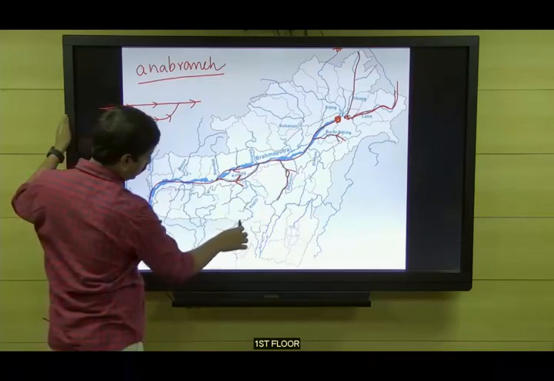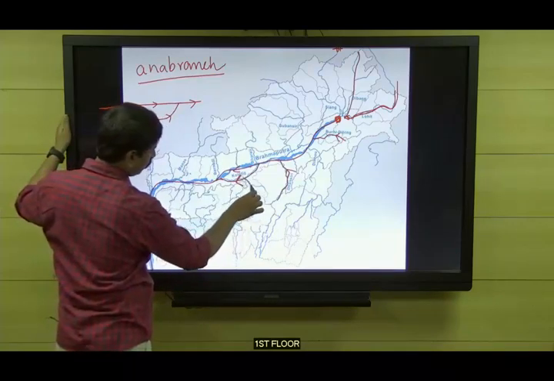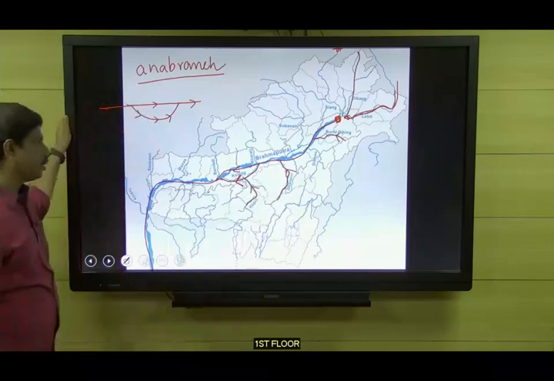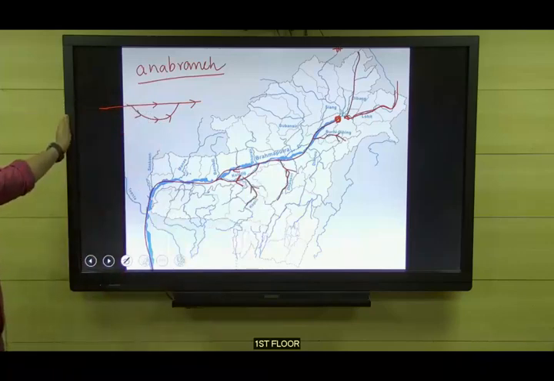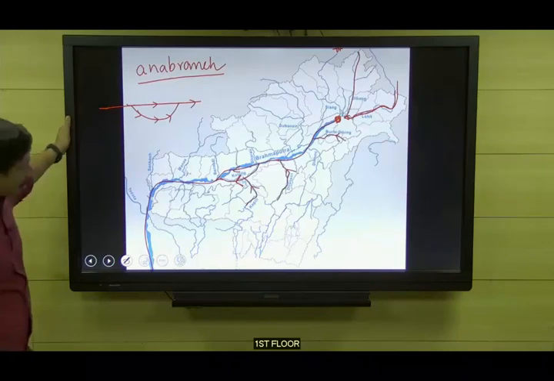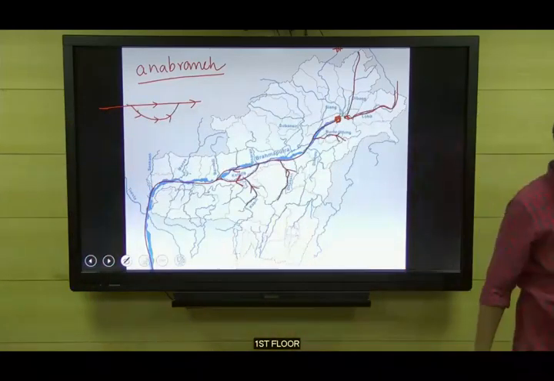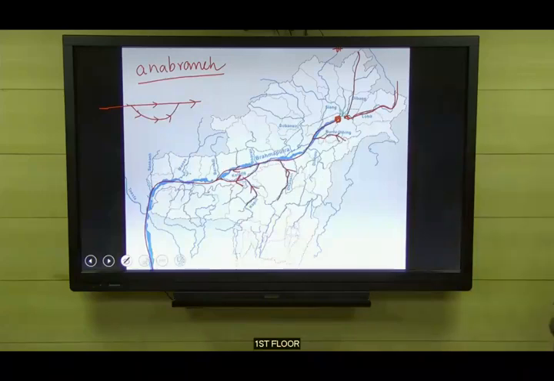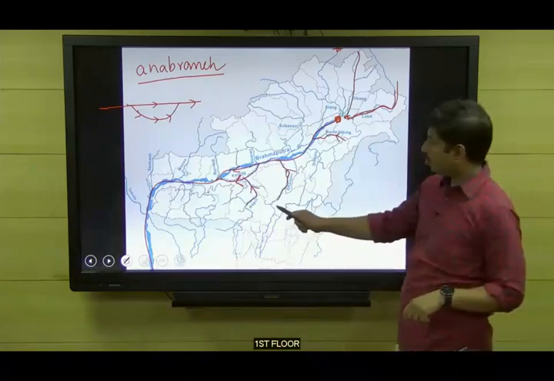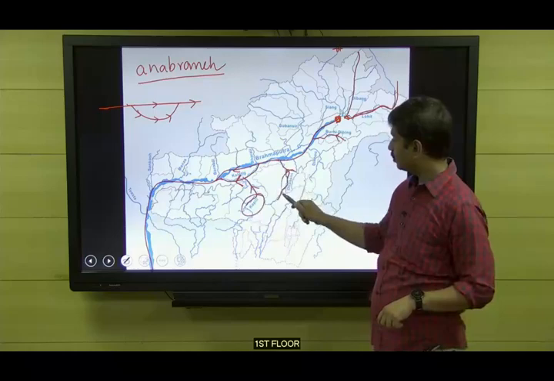For that Anna branch, another river is there which is known as Kopili. So Kopili is also a tributary; ultimately the Kopili water is also drained by Brahmaputra river only. Okay, Kopili is joining the Kolong. Kolong in turn is an Anna branch of Brahmaputra. Kopili. I hope you can see the words.